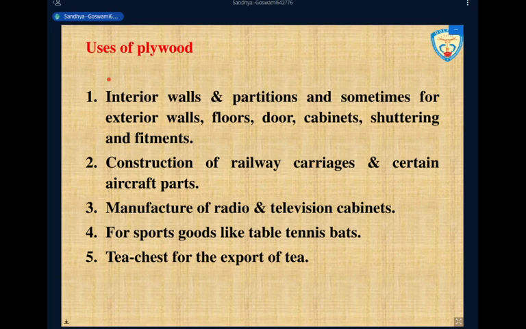So for all that purpose, that is also made of ply. So there are so many uses of plywood. We can say this particular composite wood can easily take the place of timber. We can get comparable properties in plywood as we have in timber, right?